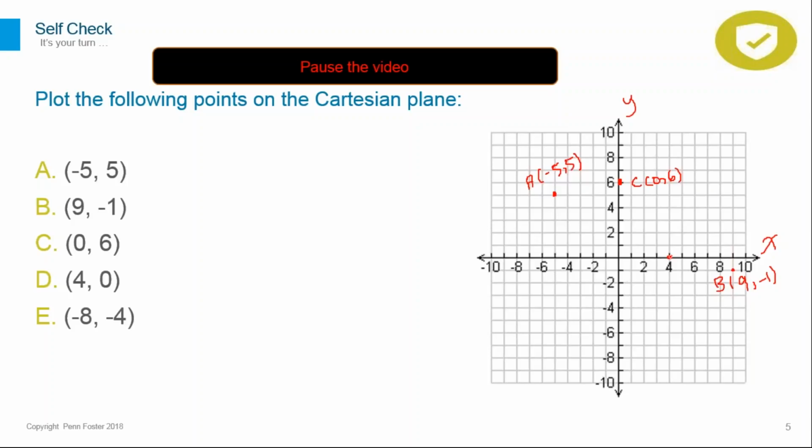So it's right on the x-axis, that is D. It is 4 and 0. E, -8 and -4. -8. So we went to the left of the x-axis because it said -8, and then go down 4 units because it said -4. So that is here with label E as -8 and -4.